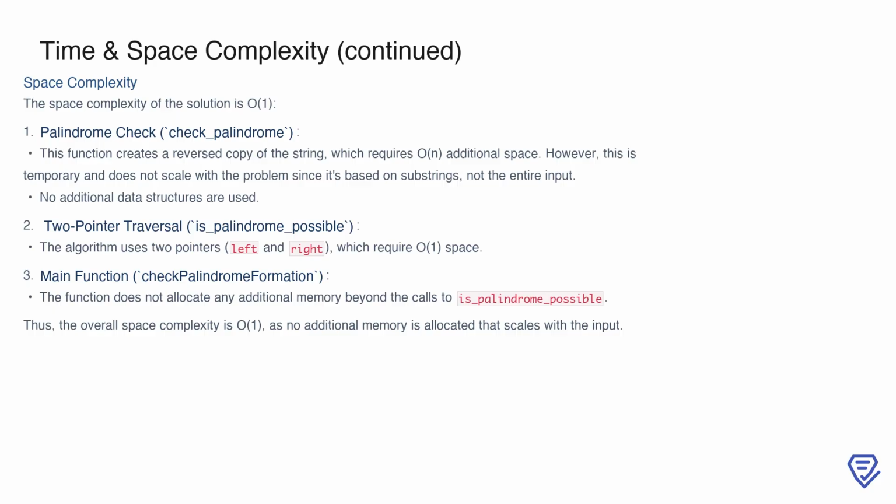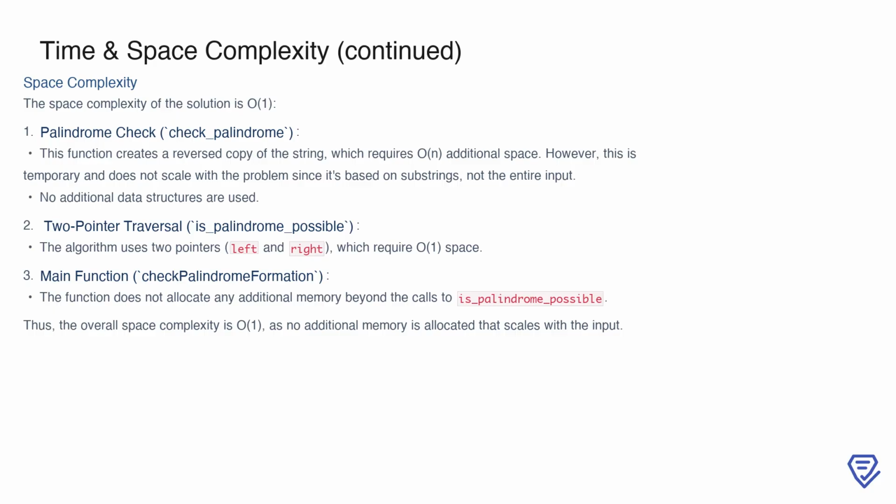In the is_palindrome_possible function, we use two pointers, left and right, which require only O(1) space. Similarly, the check palindrome formation function does not allocate any extra memory beyond what is already used internally in the calls to is_palindrome_possible. Since no recursive calls or dynamic data structures are involved, the overall space complexity of the solution remains constant at O(1).